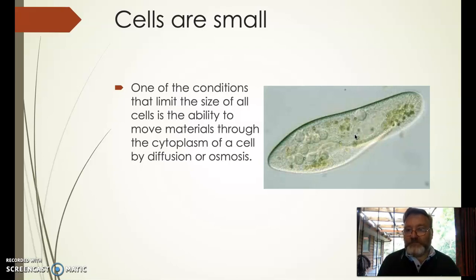But the speed of these is determined by concentration gradients, and is reasonably slow, as we'll show in an experiment in class. So if you're too big, the ability to get stuff from out here that you might need into here is limited, and the ability to get waste out to the outside is also limited. So small is good.